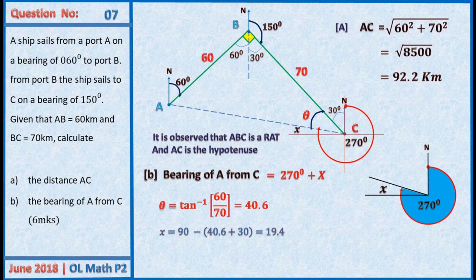And these three angles, x plus theta plus 30 degrees, give us 90 degrees. So x must be equal to 90 minus the sum of the other two angles, giving us 90 minus 40.6 minus 30, and we have 19.4 degrees. So our bearing finally will be equal to 270 degrees plus x, which is 289.4 degrees.